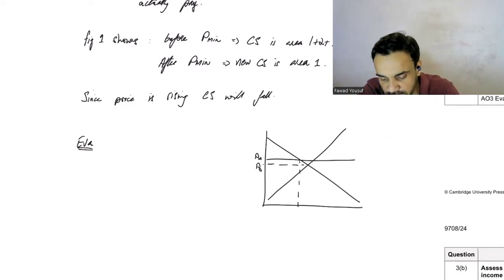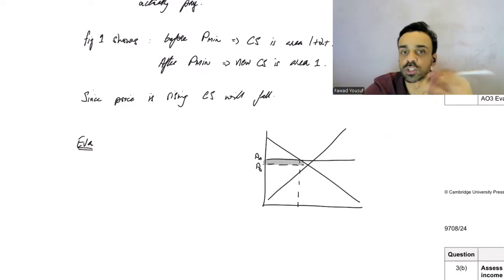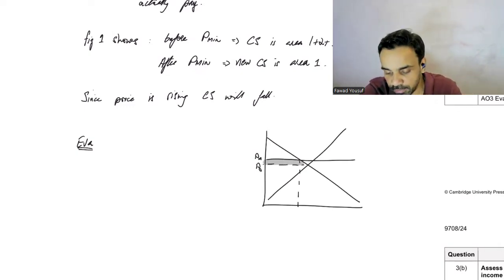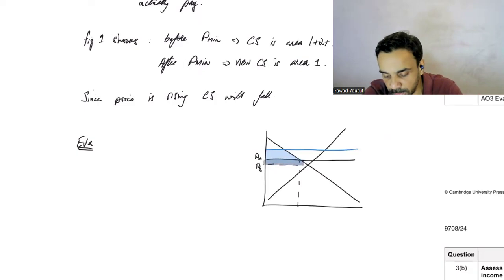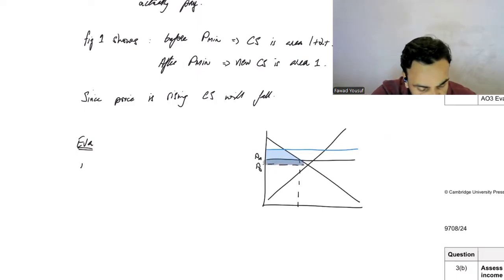So, what we see is that yes, the consumer surplus has fallen, but not by so much. But if the size of the minimum price was a lot more above the equilibrium, then it would have made a much more substantial impact.